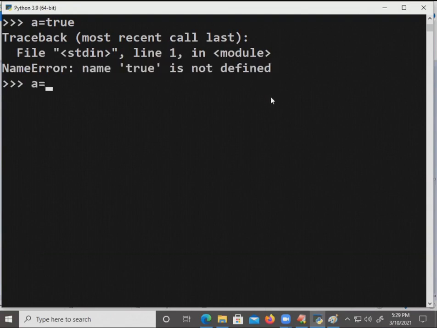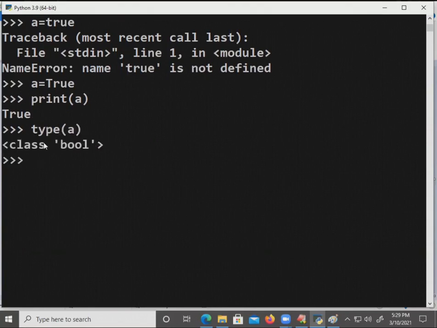Now use True. So identified. Print A. And what is the type of A? bool. So bool is a class, and A is an object of bool.